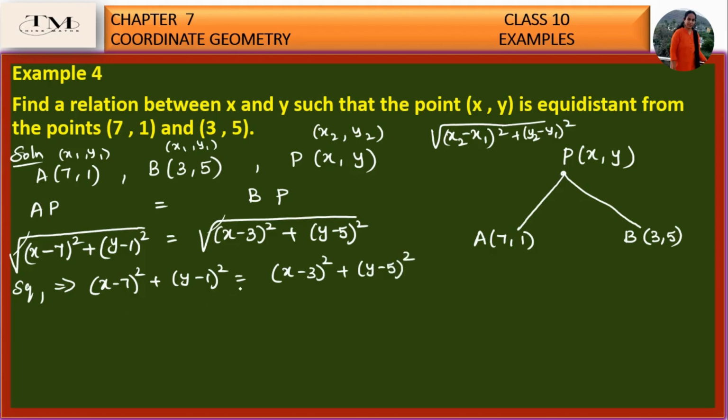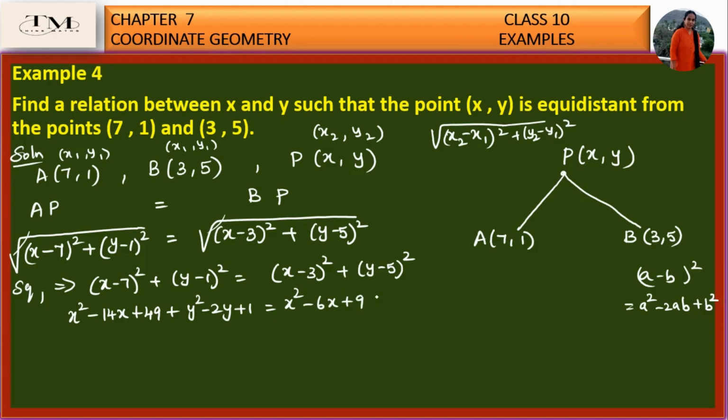So all are of the form a minus b whole square. What is a minus b the whole square? It is nothing but a square minus 2ab plus b square. So it will be x square minus 14x plus 49 plus y square minus 2y plus 1 equal to x square minus 6x plus 9 plus y square minus 10y plus 25.